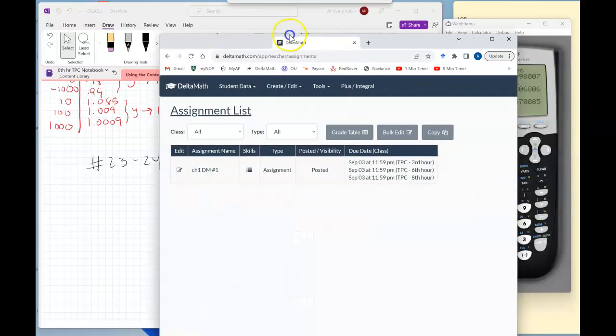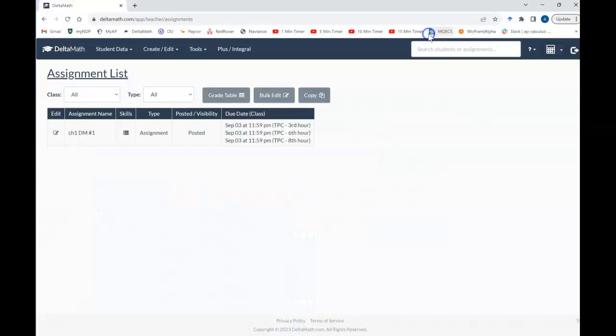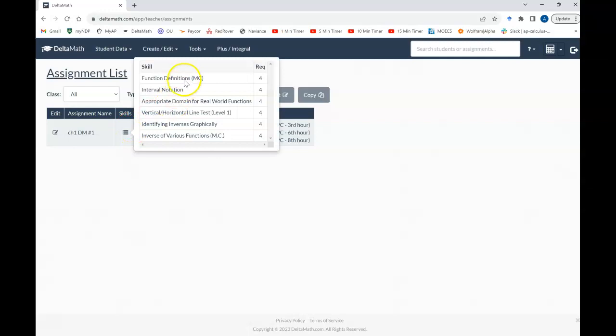I've also, in addition to your problem set for this chapter, made a Delta Math assignment. I think that most of us have done Delta Math last year a little bit. Typically we'll get like one or so Delta Math assignments for a chapter. Here we have 6 different kinds of problems.